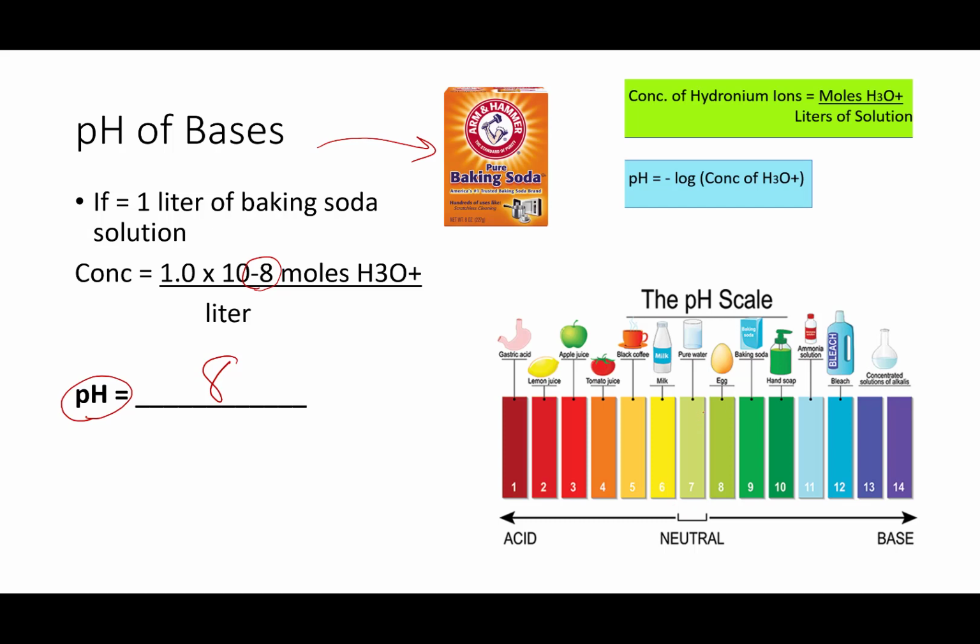Baking soda, here is my 7. This chart says it's 9. Kind of depends on which source you look at, but let's say that this is going to be a little bit more basic than my neutral water. We're in the base direction, and that's the pH of my baking soda.